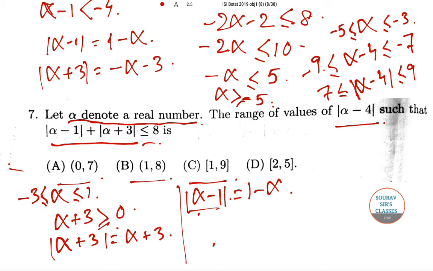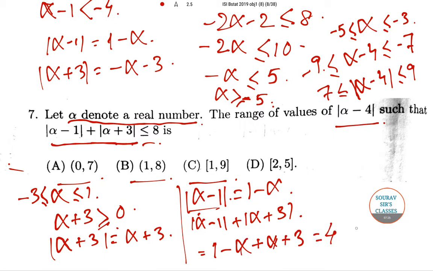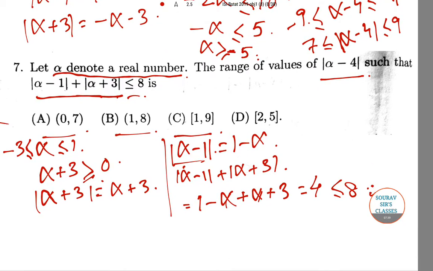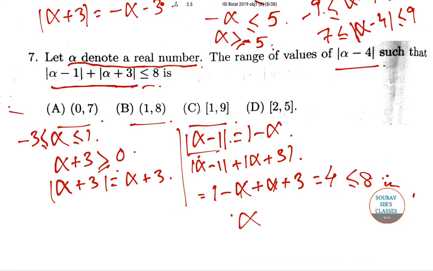So now this mod alpha minus 1 plus mod alpha plus 3 equal to 1 minus alpha plus alpha plus 3. It is 4, which is less than or equal to 8 for any value of alpha. It is not dependent on alpha. So here alpha can be any value between minus 3 to 1.